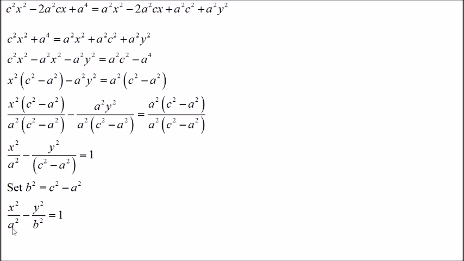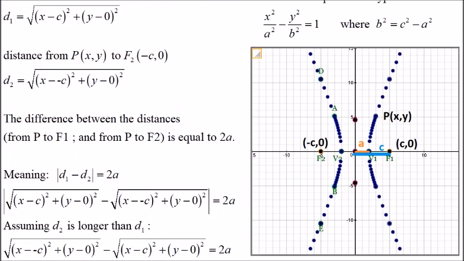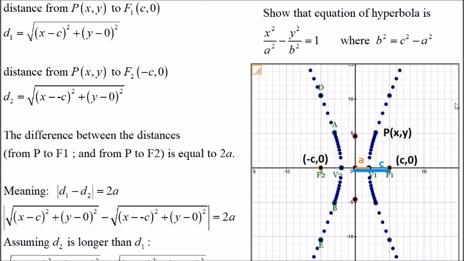And then we get x squared over a squared minus y squared over b squared equals 1. And so the equation for this hyperbola is x squared over a squared minus y squared over b squared equals 1, where b squared is c squared minus a squared.